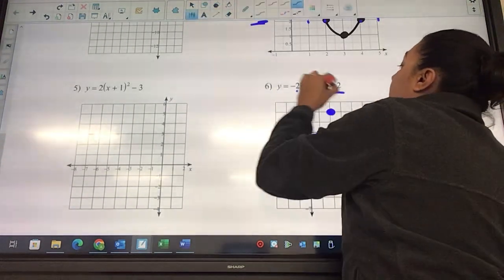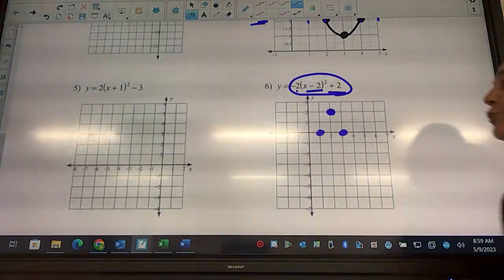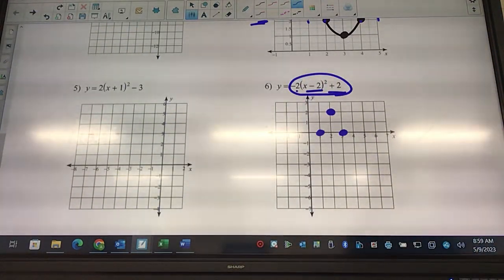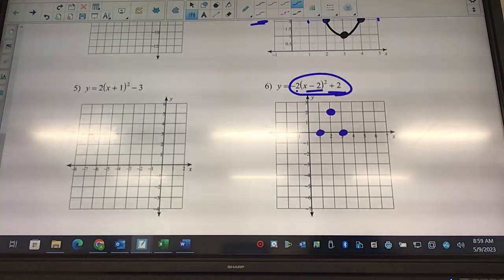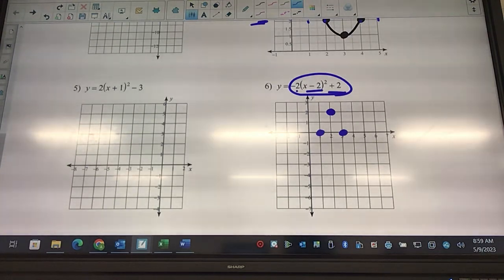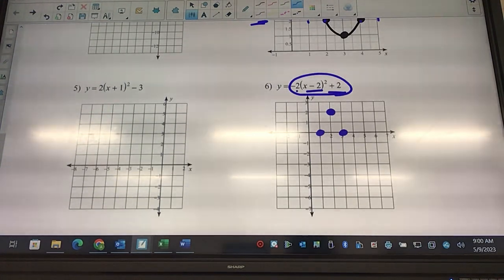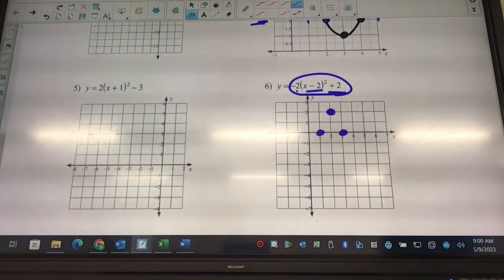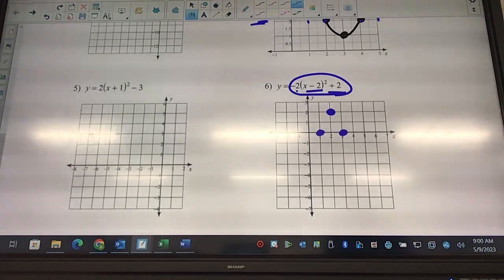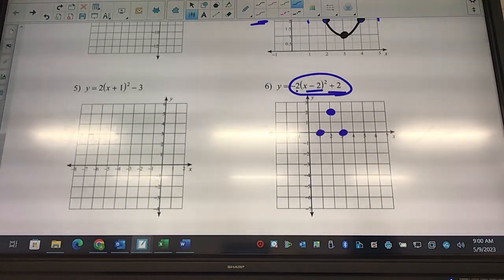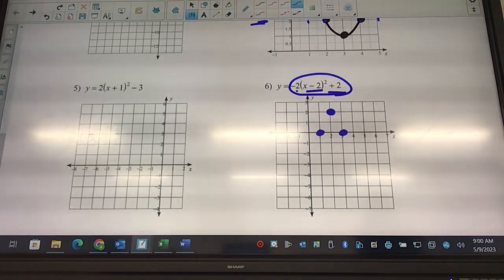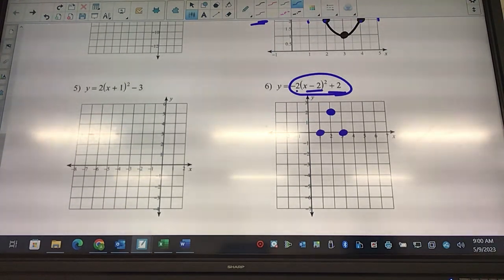Okay, and then we're going to type this in. What are our 2 number options to type in? 0 and 4. That's where I guess there was some confusion this morning, because everybody thought they were always 0 and 4. They're not. It just so happens to be 0 and 4 on this one. And then obviously don't forget your negative out front. Negative 6. I'll look at yours in just a second.